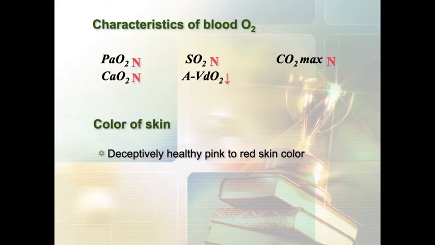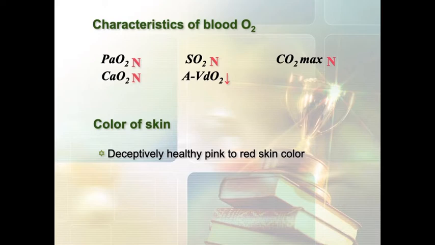The characteristic of blood oxygen is similar to the previous one, circulatory hypoxia, except the last one. The last parameter of circulatory hypoxia is increased, but in histogenous hypoxia it is decreased because the ability of the tissue to utilize oxygen has dropped.